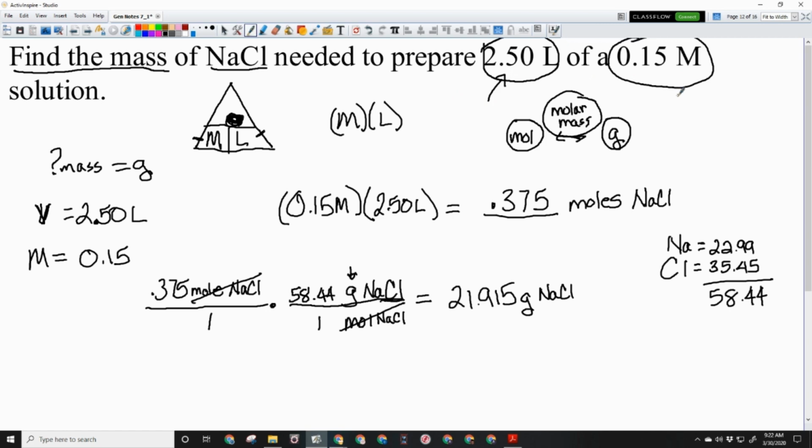So we have 3 here and 2 here, so we just need 2 sig figs. So this is 1, 2. The 9 is going to tell us if we round up or not, and it is going to bump the 1 in front of it to a 2. So we have 22 grams of NaCl as our final answer.